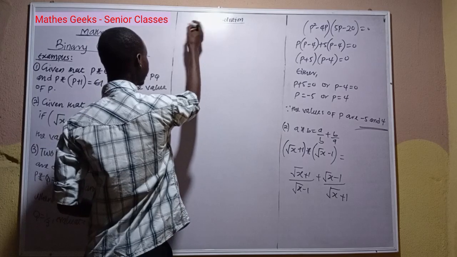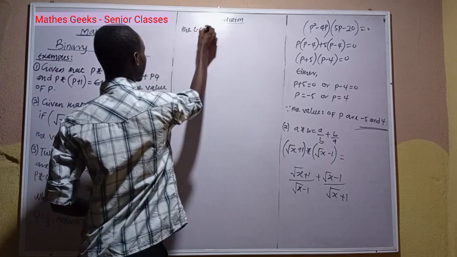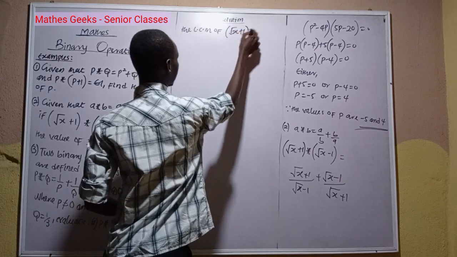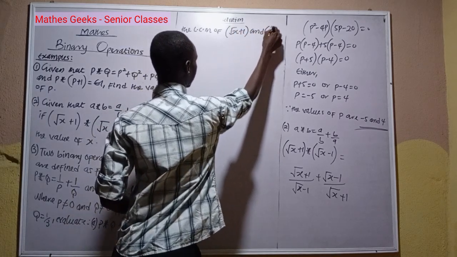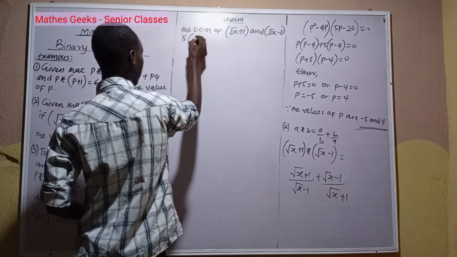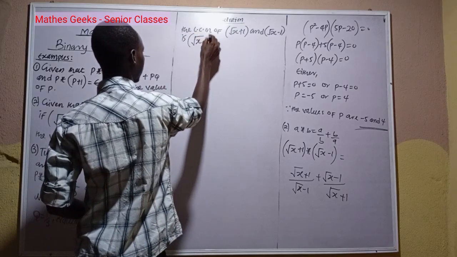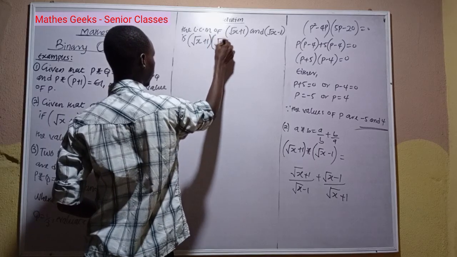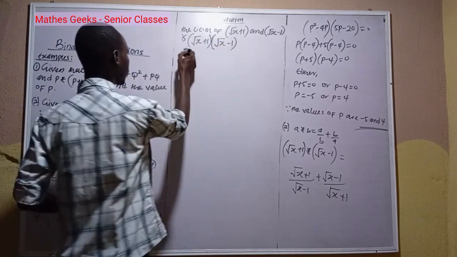The LCM of root x plus 1 and root x minus 1 is root x plus 1 multiplied by root x minus 1.